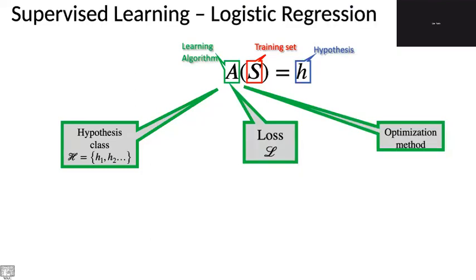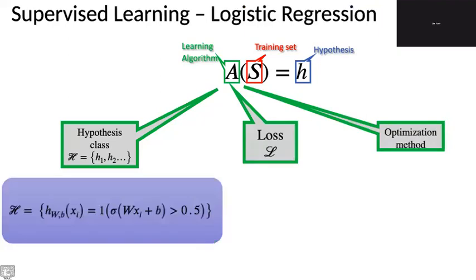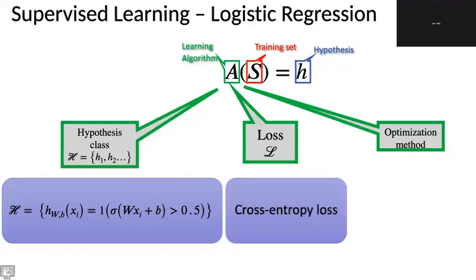So when we're talking about logistic regression, our hypothesis class is the linear transformation with a sigmoid function applied after that. So our parameters that we are searching for are W and B. The loss is the cross-entropy loss, and the optimization method is SGD. There are a bunch more optimization methods that we're going to see later on in this course.